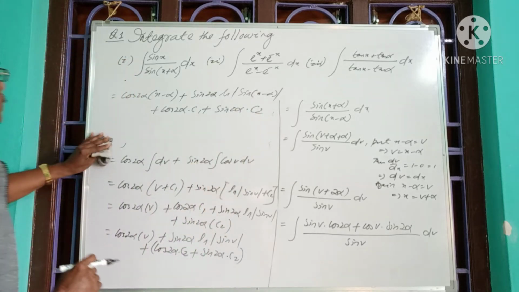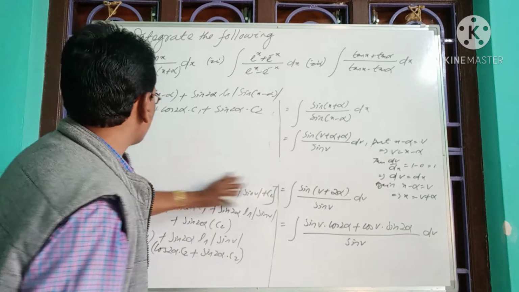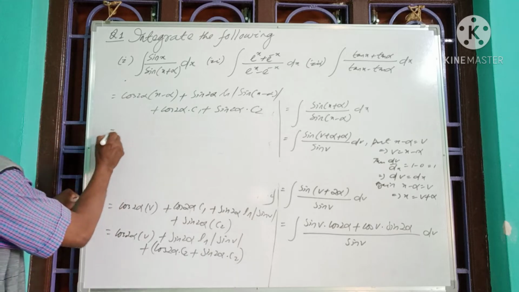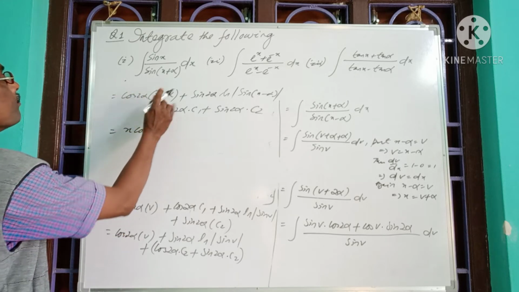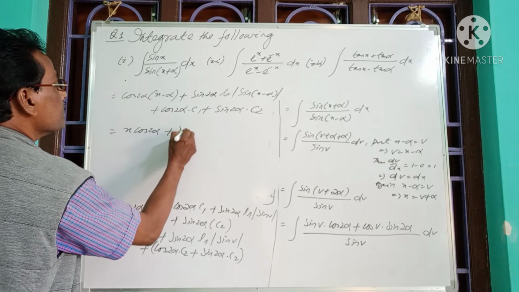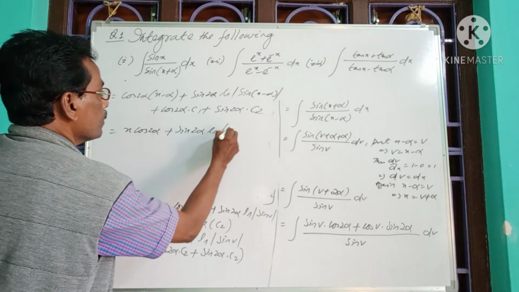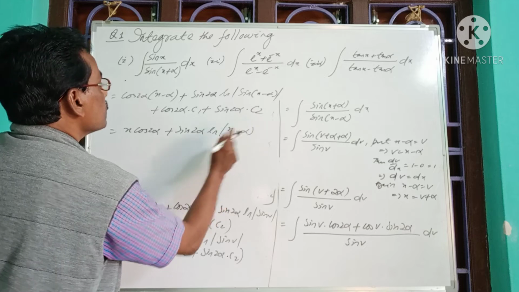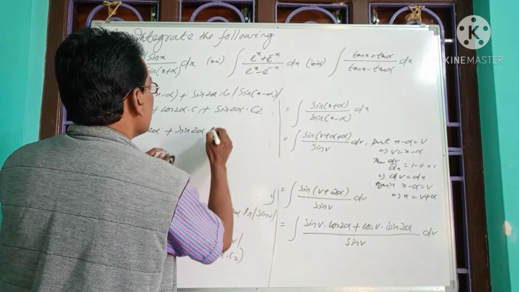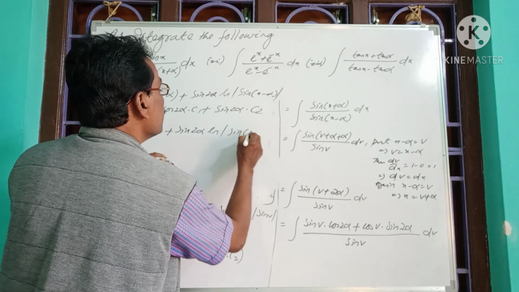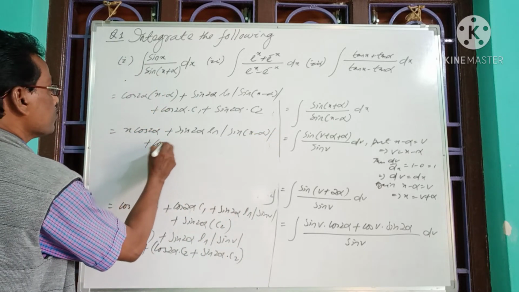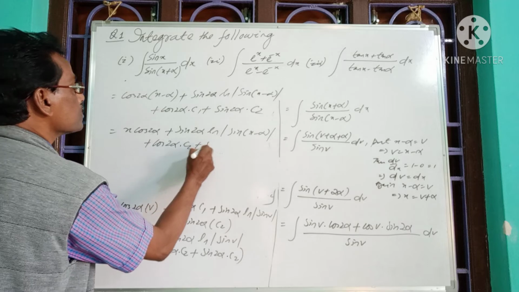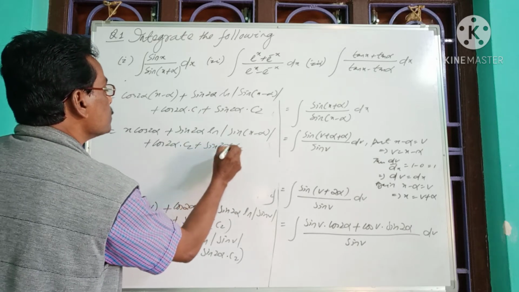So again simplifying, we have x into cos of 2 alpha plus sin of 2 alpha into ln of mod of sin of (x minus alpha), plus cos of 2 alpha into c1 plus sin of 2 alpha into c2.